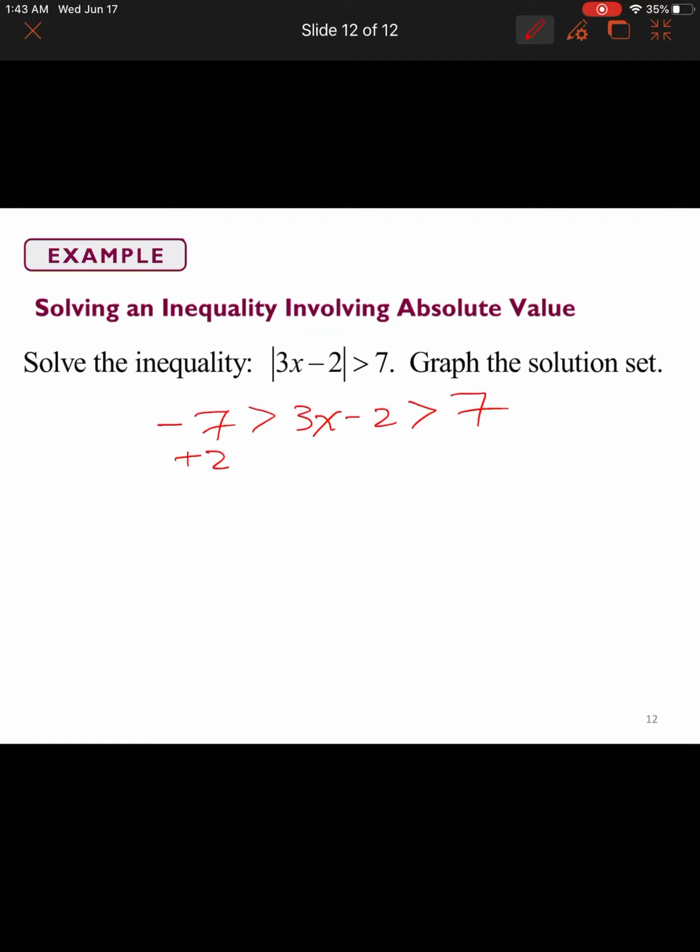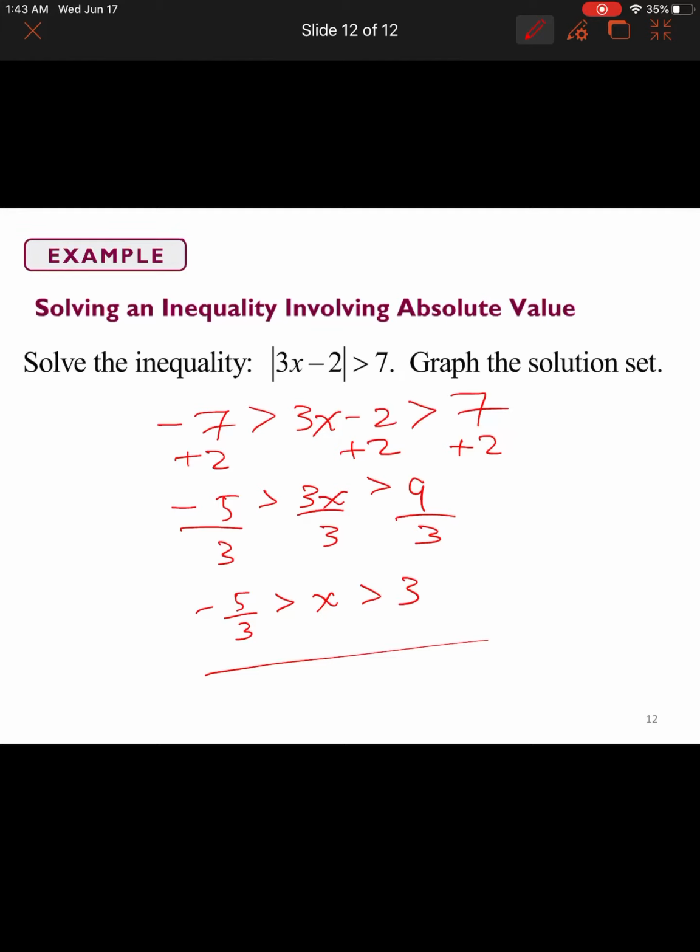Now go to the right. And solving. We have negative 5 greater than 3x, which is greater than 9. Dividing everybody by 3, we have negative 5 thirds greater than x greater than 3.